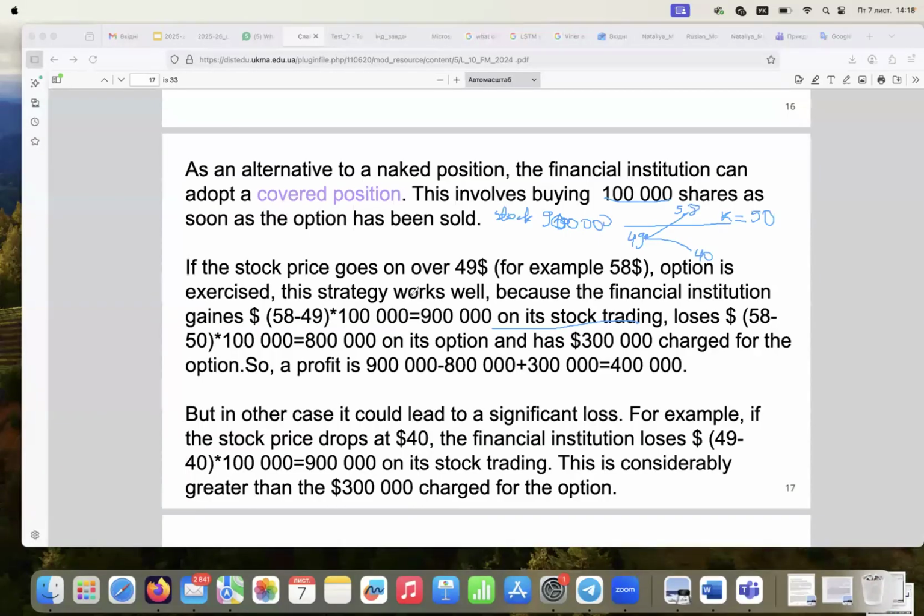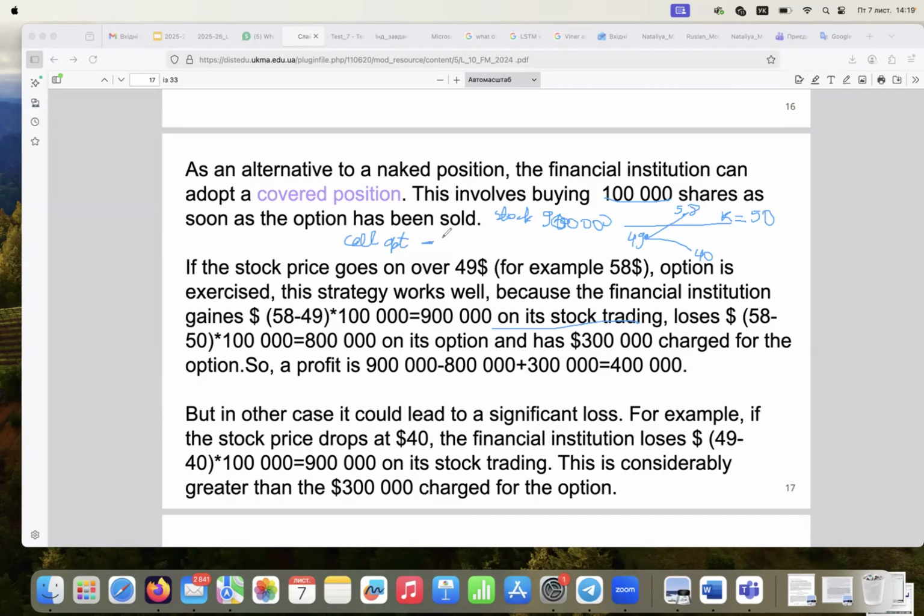So for the call option, it is 8 multiplied by 100,000, but we need to pay this money, so it is with minus.